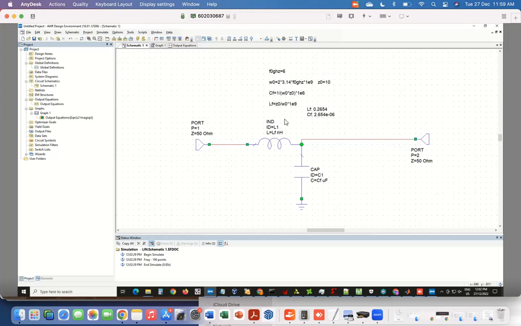Does this look right? Z0 over omega for the inductance. Okay, so some.